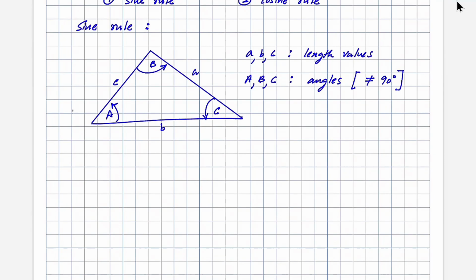So if you have this, the sine rule says sine of A divided by the corresponding side length a is equal to sine of B divided by b, is equal to sine of C divided by c.